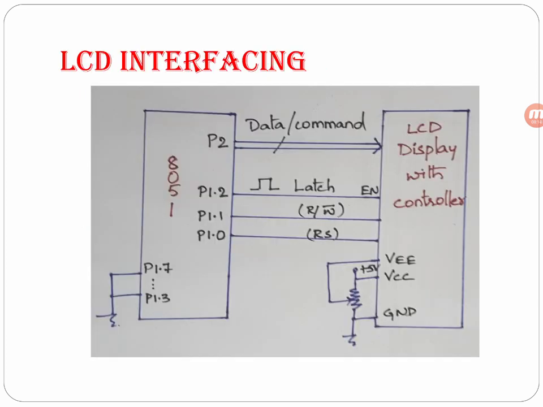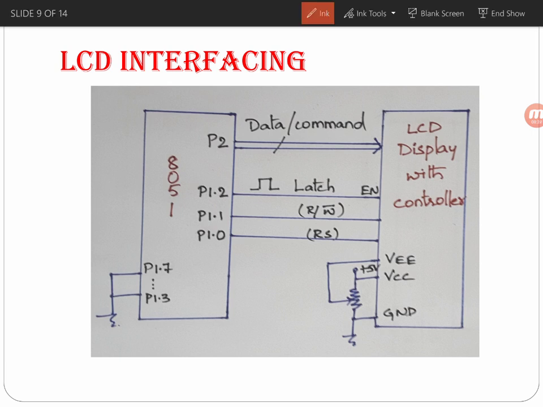And then going with the LCD interfacing. If you see the diagram, first are the D0 to D7 lines of the LCD display. Here we are selecting port 2.